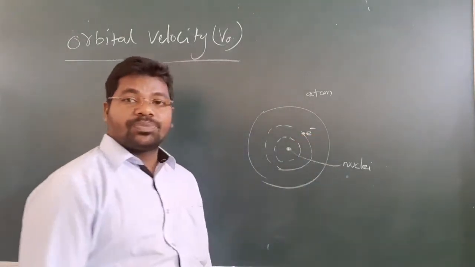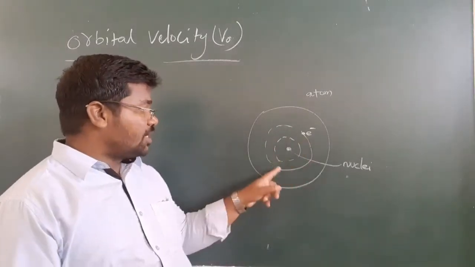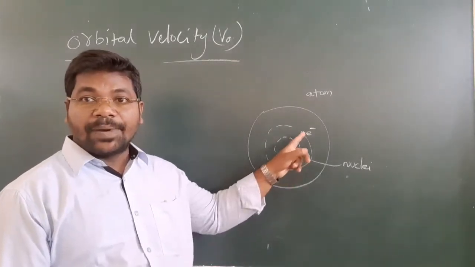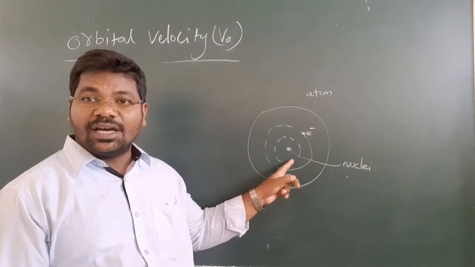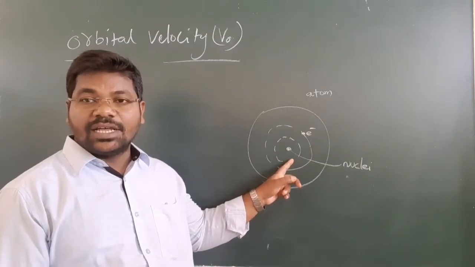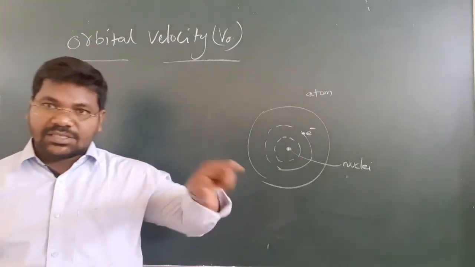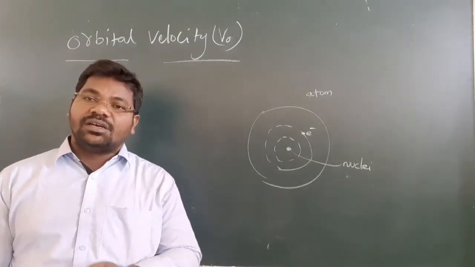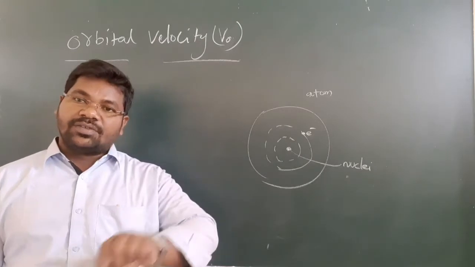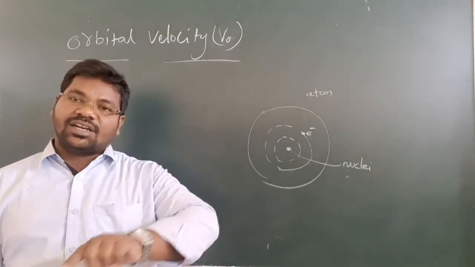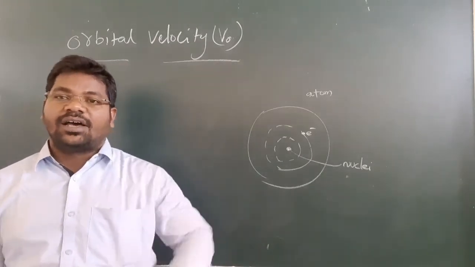That particular path is called an orbit. So an orbit is a circular path along which electrons revolve or move.